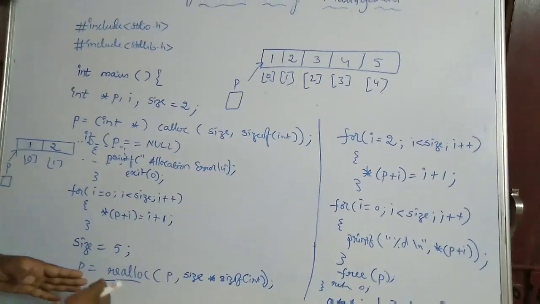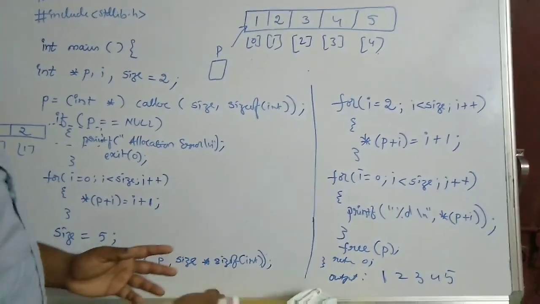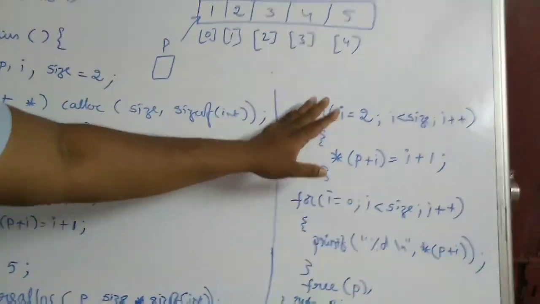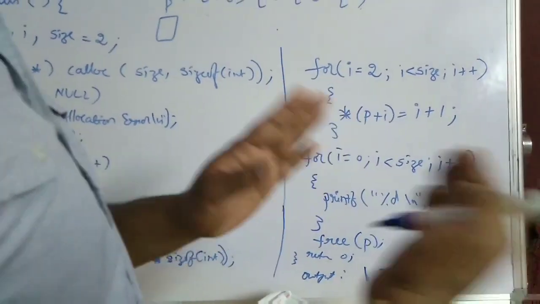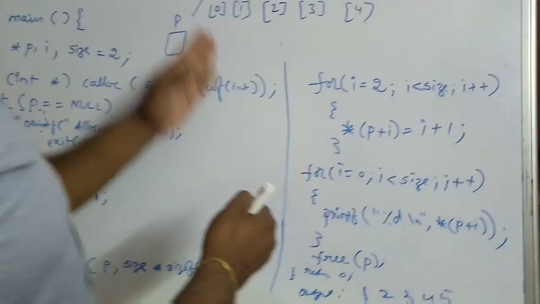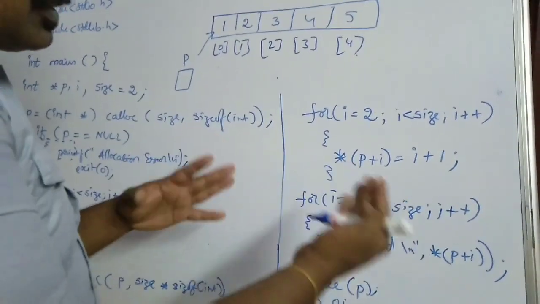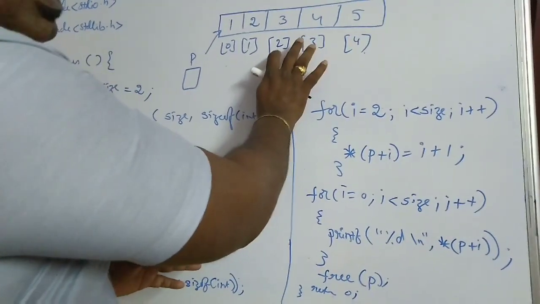I have to return it as a pointer name, comma, new size. The new size can be written as size star size of the data type. Here I stored the values into this array without changing the previous 2 values. The previous 2 values 1 and 2 are unchanged, and I stored the new elements in the next 3 locations, that is index 2 to 4.